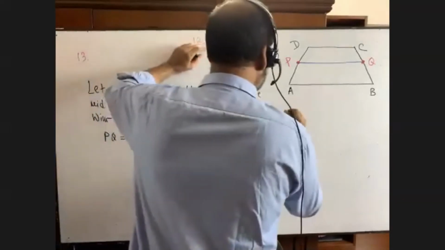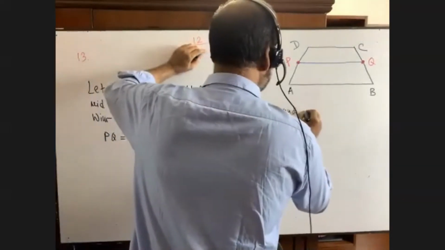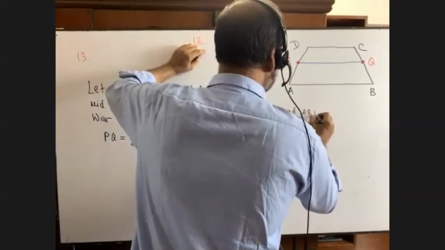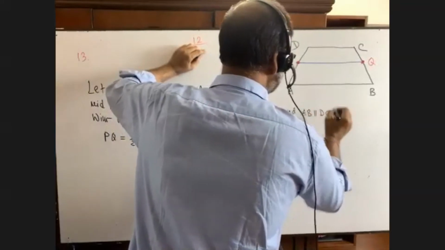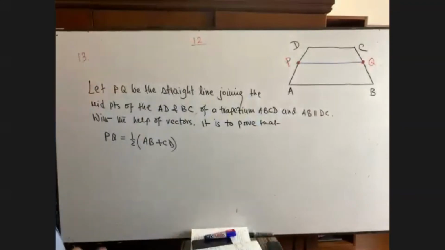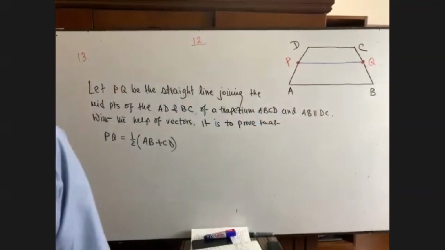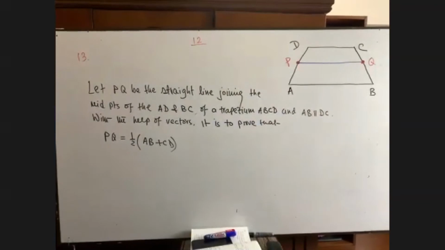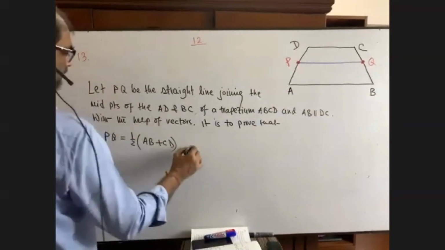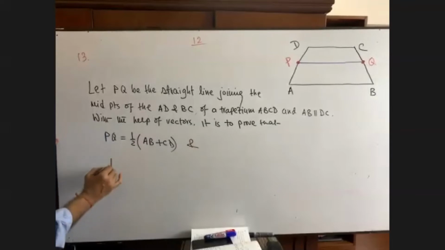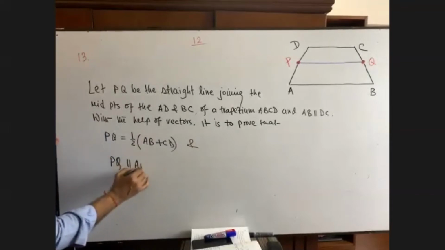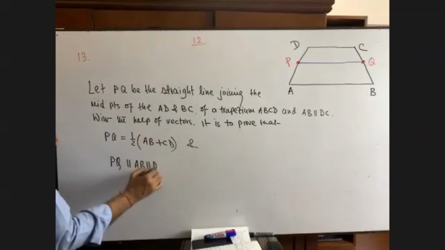You have to write AB parallel DC. AB and DC are parallel, so PQ will be half the sum of the parallel sides. And you have to prove that PQ is parallel to the parallel sides.